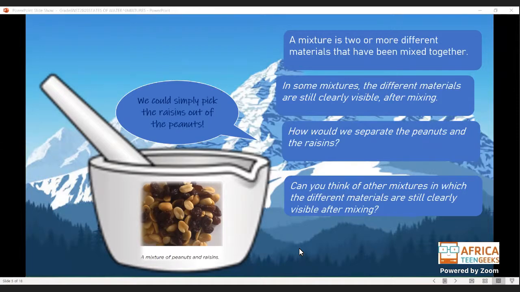Can you still see the peanuts and the raisins, even though they are mixed? Yes, you can. Now, do you think it would be possible to actually separate the peanuts from the raisins?